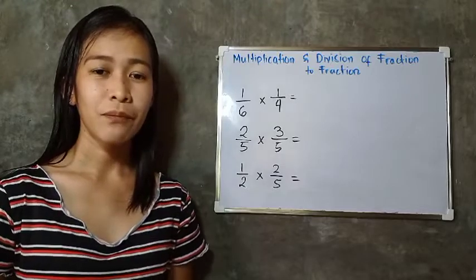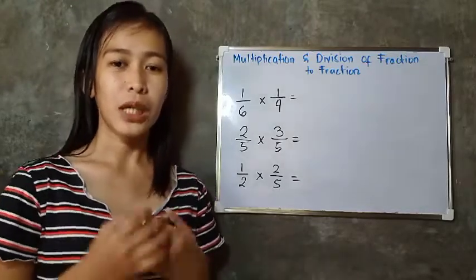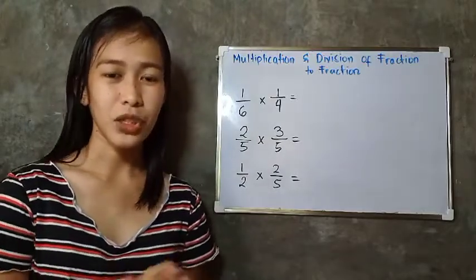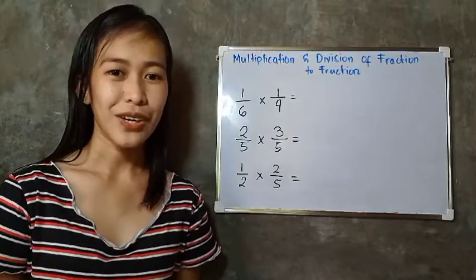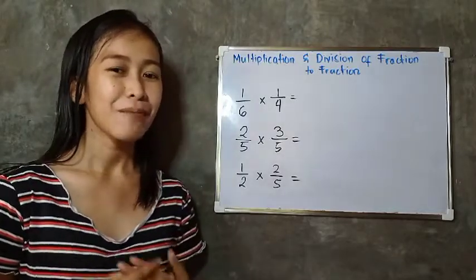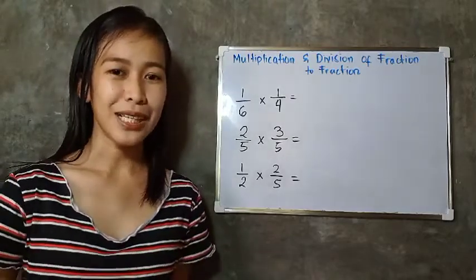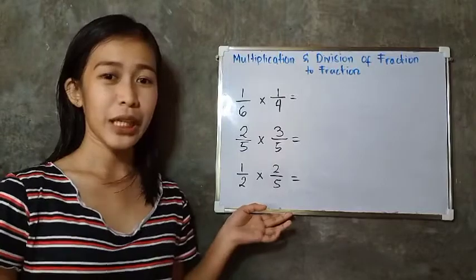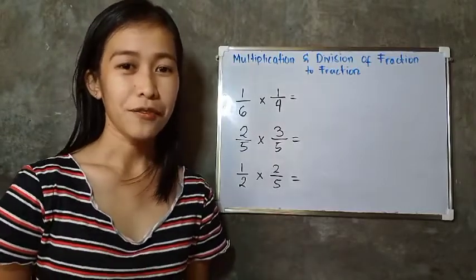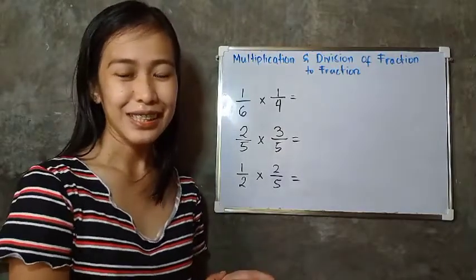Of course, before you proceed to multiplication and division, you should already know addition and subtraction of fractions. Do you think this is difficult? It is easy, as long as you understand the process. Actually, multiplication and division are easier than addition and subtraction of fractions. So, without further ado, let's start the discussion itself.